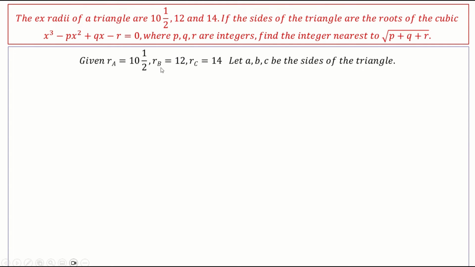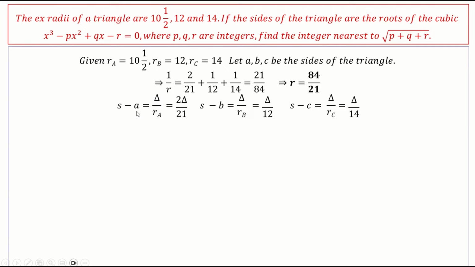RA equal to 10 and a half, RB equal to 12, RC equal to 14. Let A, B, C be the sides of the triangle. Then we can derive the inradius R equal to 84 by 21, or 4. And S minus A equal to area by RA, which is nothing but 2 delta by 21, because RA is 21 by 2.